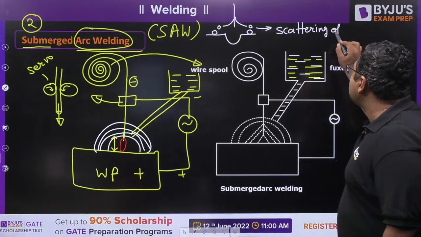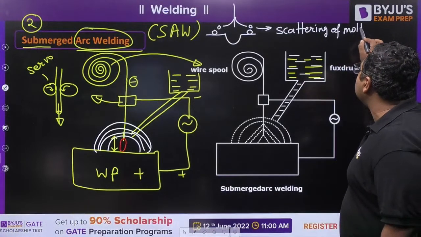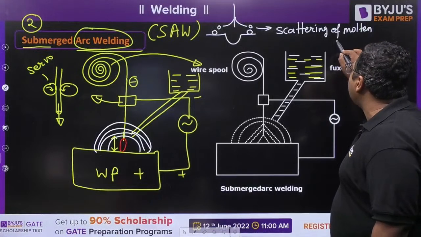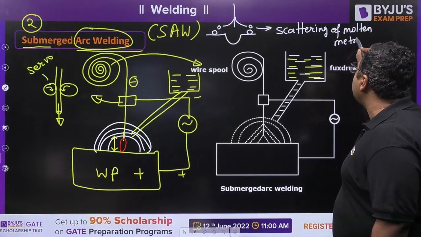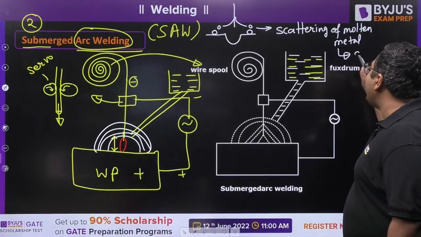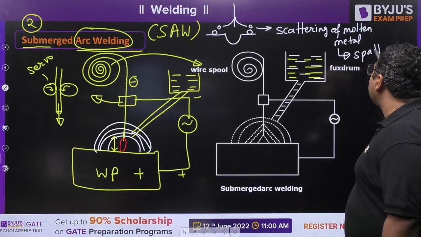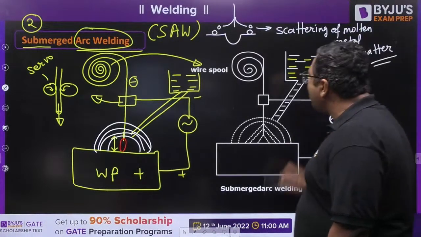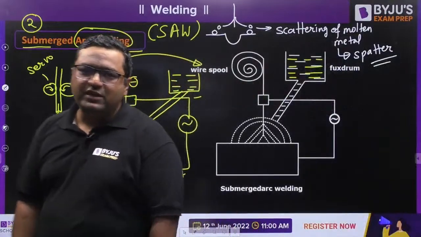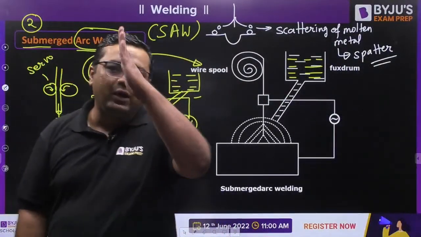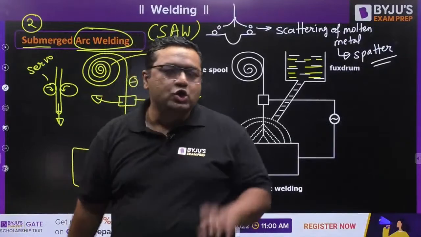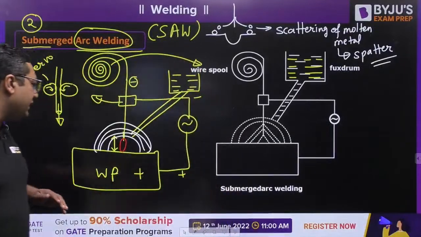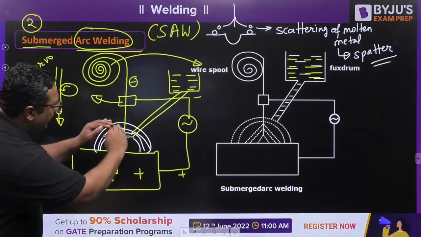And if scattering of molten metal happens, this will give rise to a welding defect known as spatter. So there are chances of the welding defect spatter to happen if this electrode wire is going to divert here or there. To avoid that diversion, we are keeping this spark in the pool of flux.